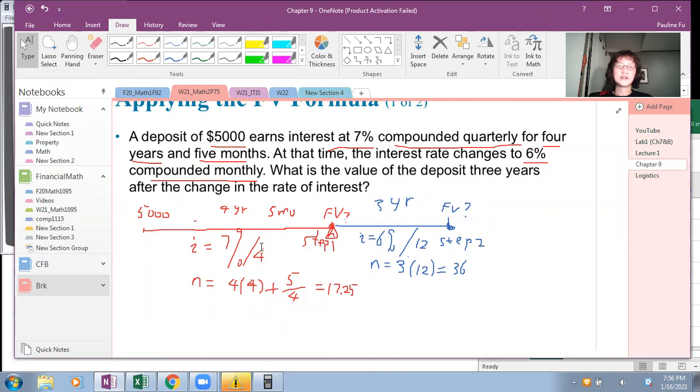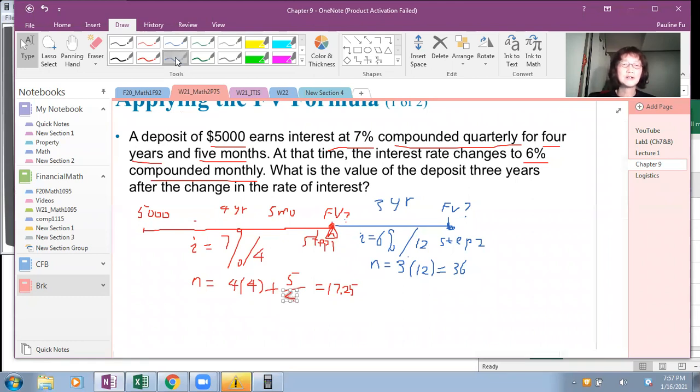That is the question. So 4 years equal to 16 quarters, no problem. 5 months equal to how many quarters? Oh, this one I should divide by 3, because a quarter has 3 months, not 4 months. I made a mistake here. Apologize. That is the reason why my result didn't agree with the PowerPoint result.